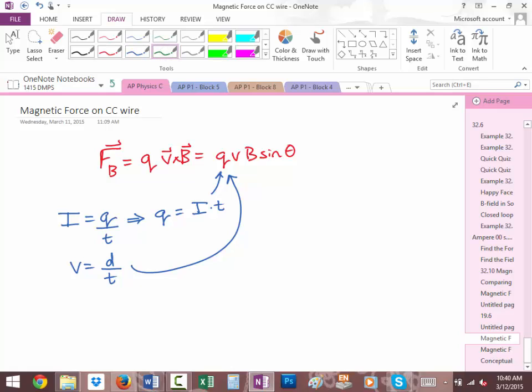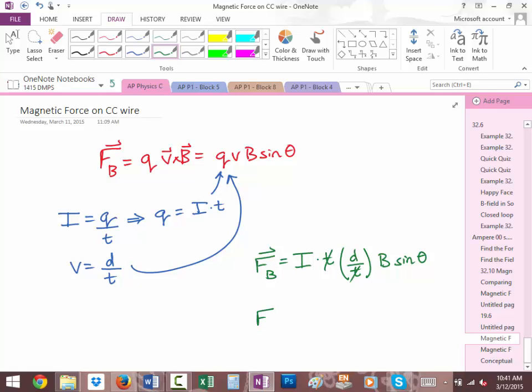And putting those together, then I can say that the magnetic force, instead of saying that we're talking about a charged particle, we can say that we're talking about a whole bunch of them going through a wire, a current. I times t times d over t, times B sin theta. The times are going to go away. Is that okay?